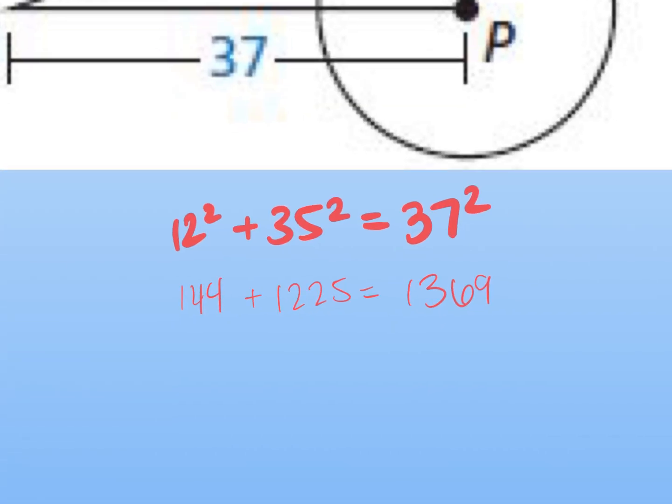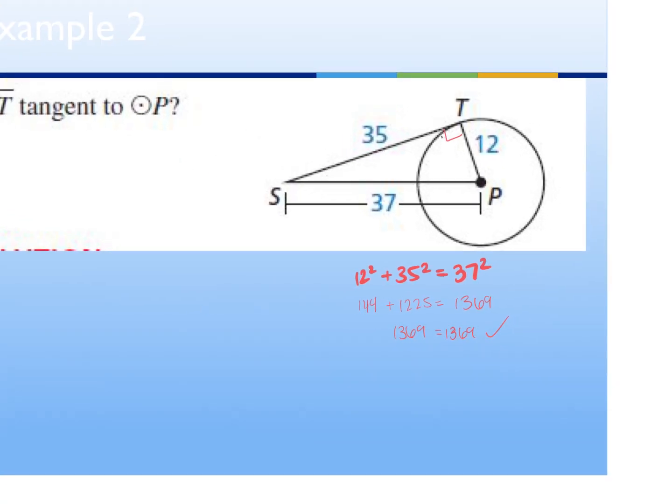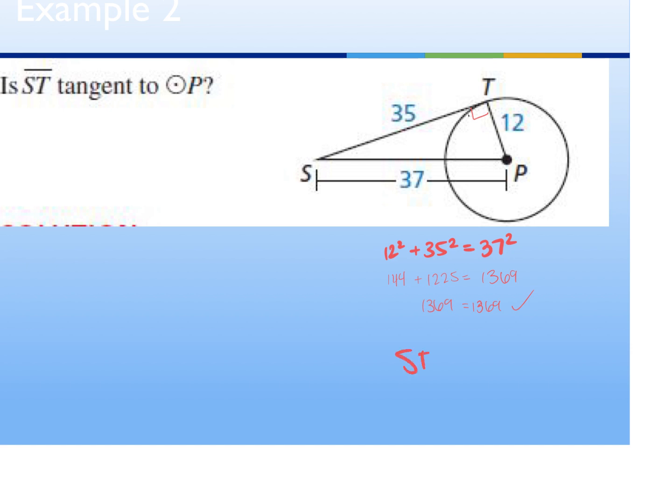So then we add 1225 plus 144. 1369 equals 1369. So we know ST is tangent to circle P.